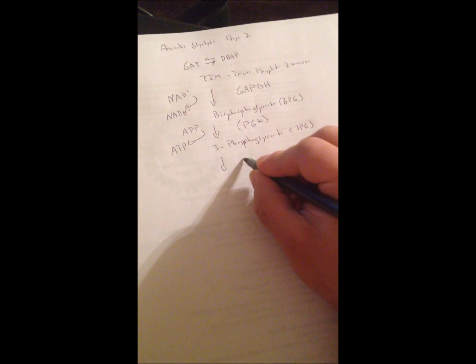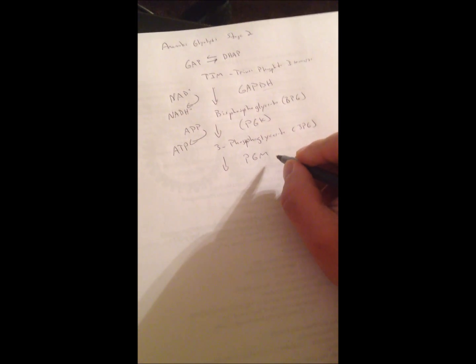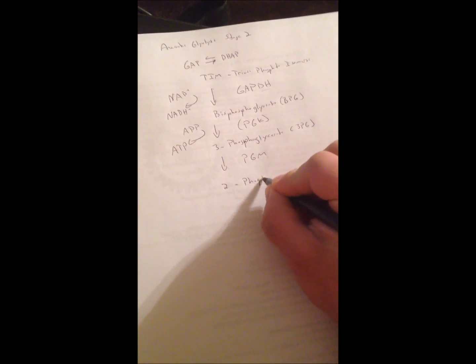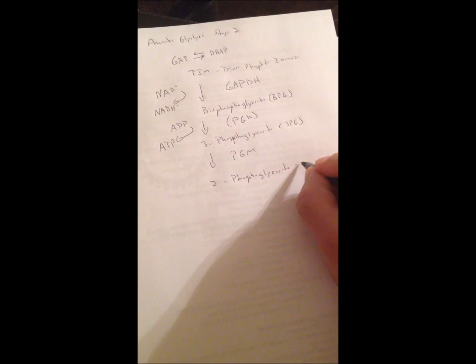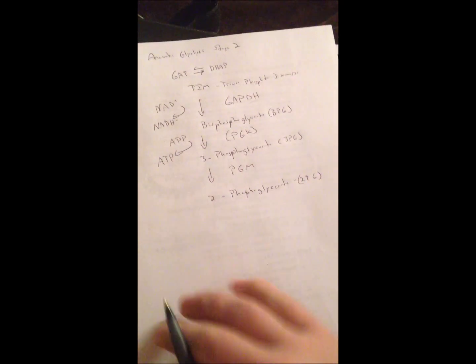And then we have PGM here, your phosphoglycerate mutase, that is going to bring us all the way down to 2-phosphoglycerate, P2PG.